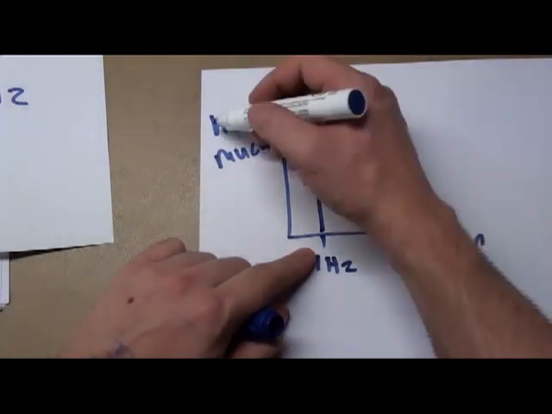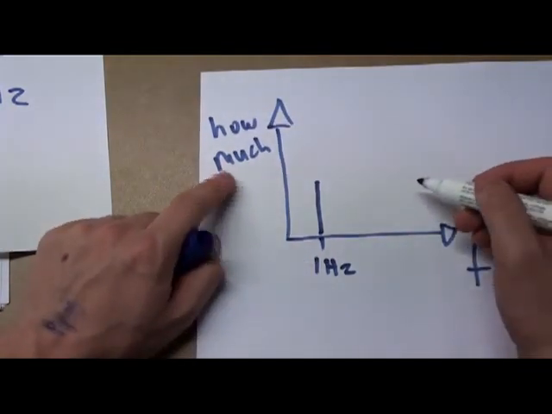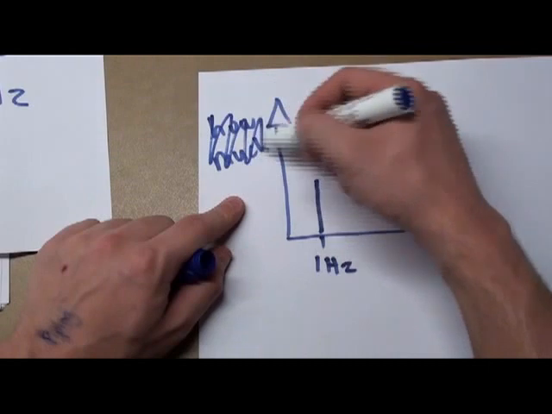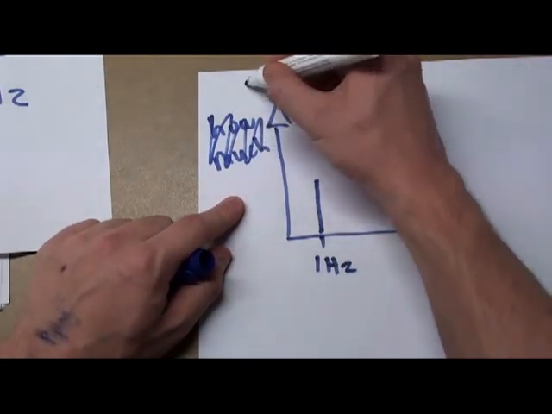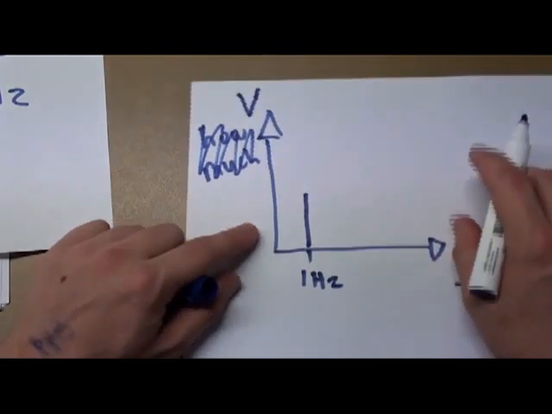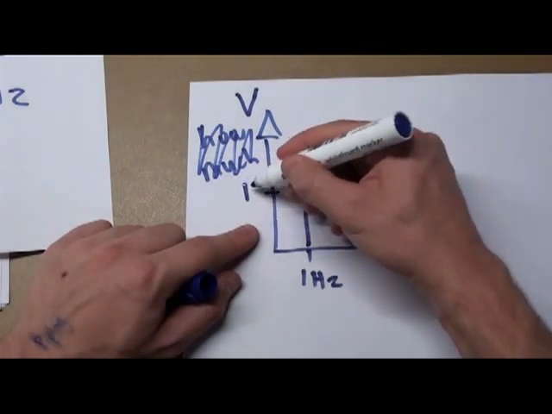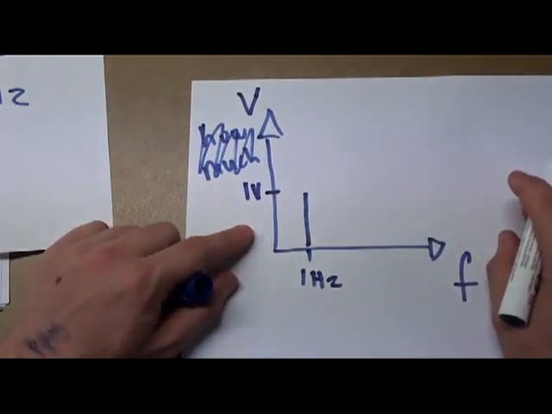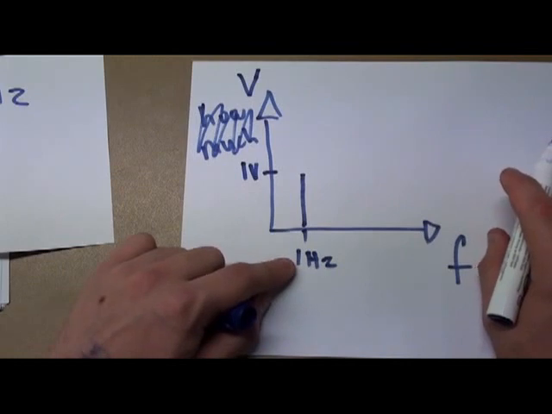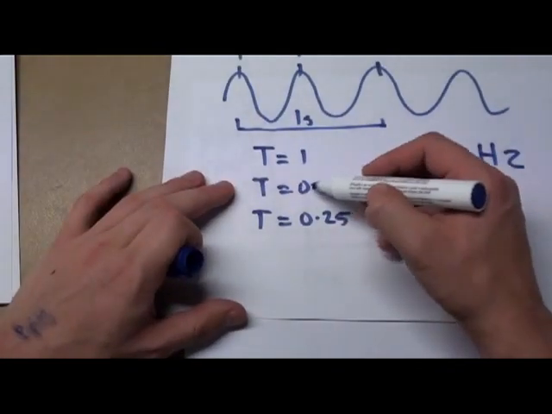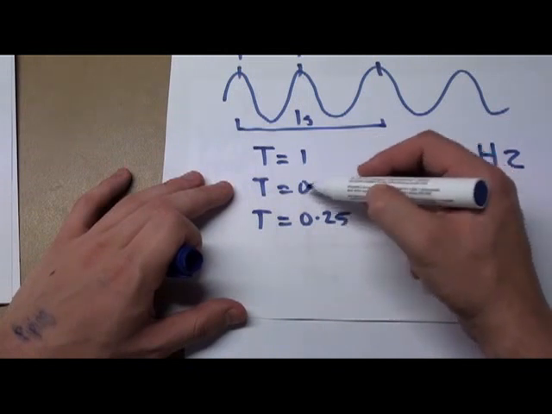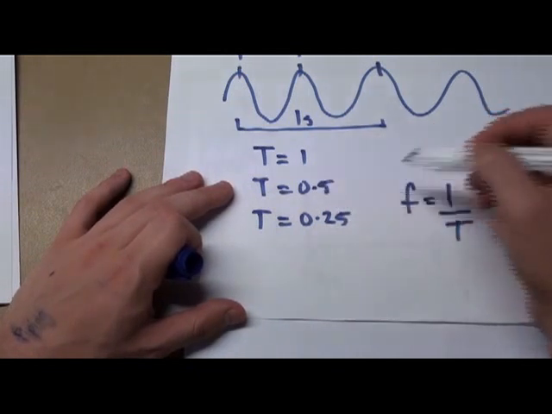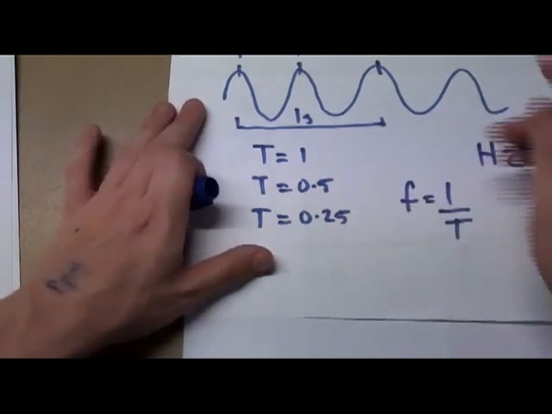In real life, we don't really think about it as how much. There are lots of ways, but we're going to think about it in volts. So this would be 1 volt. Let's think about it differently. Let's say that now we have t equals 0.5, so the frequency will be 2 Hertz.